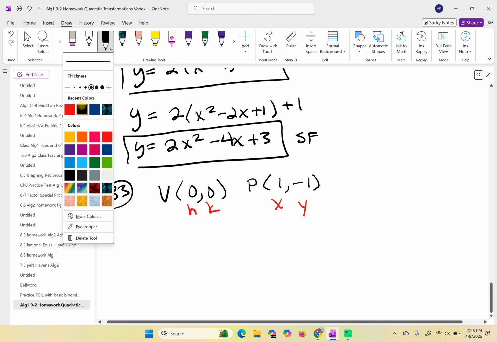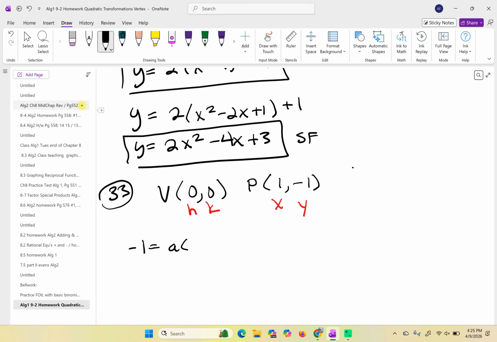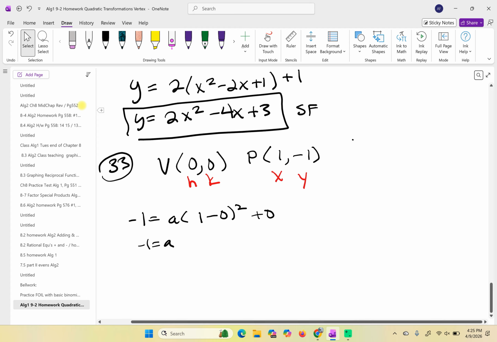Substitute into vertex form base equation. Negative 1 equals a times (1 minus 0) squared plus 0. Doing the math leaves negative 1 is equal to a. Substitute back in.